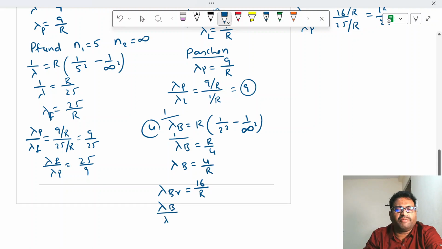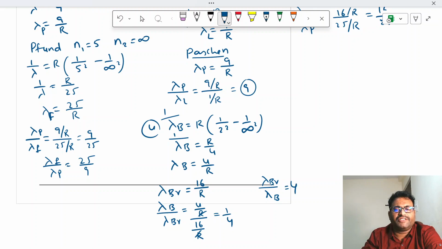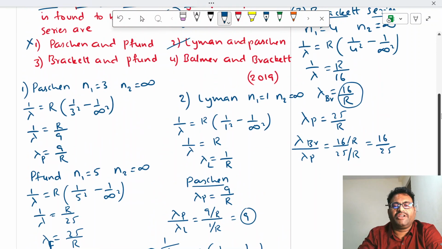Lambda B by lambda BR is equal to 4 by R by 16 by R, so what do you get? 1 by 4. In the same way, lambda BR by lambda B, you get 4. So in which option is the ratio found to be 9? In the second option. So the second option is the correct answer.